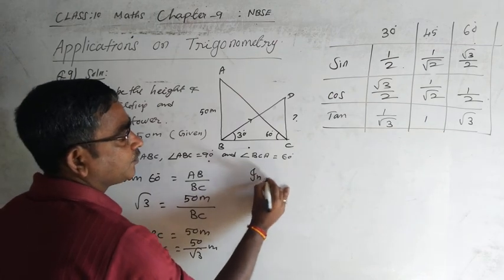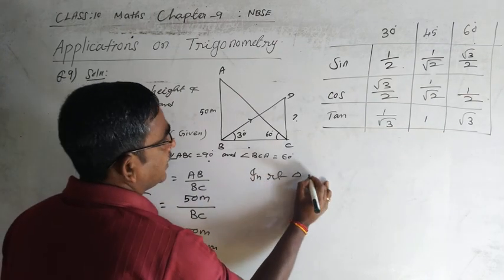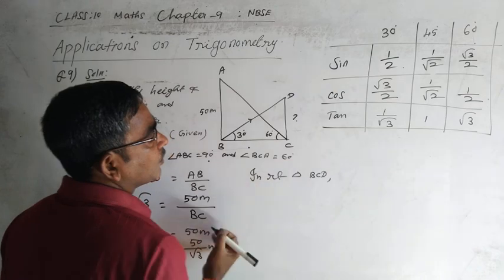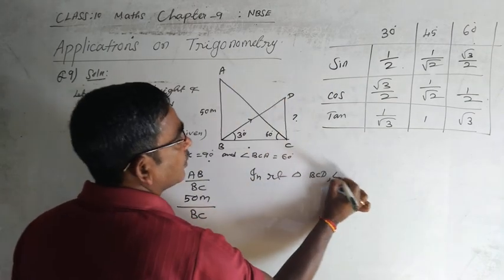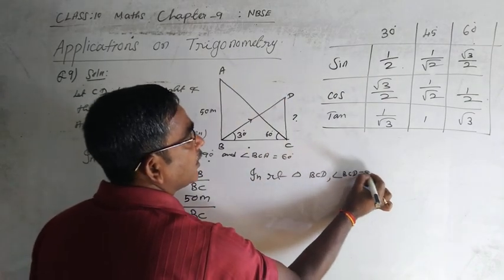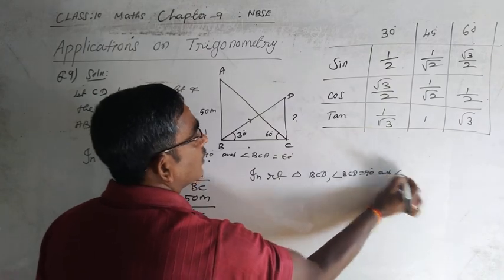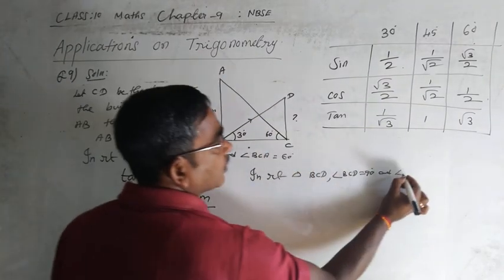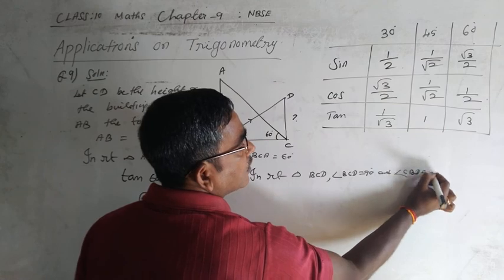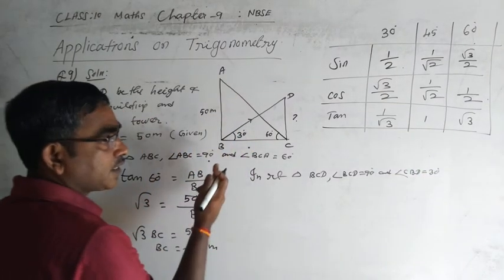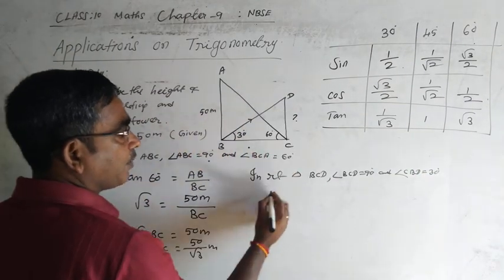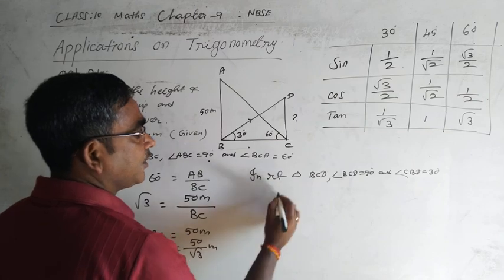In right triangle BCD, angle BCD equal to 90 degrees, and angle CBD is 30 degrees. So the same formula, perpendicular and base, we can apply.